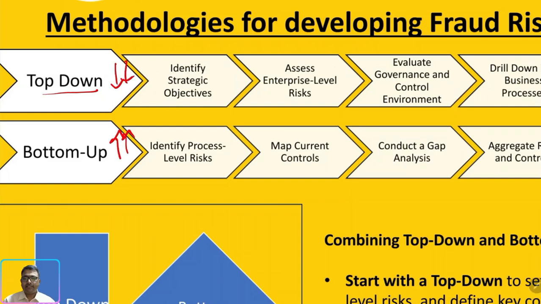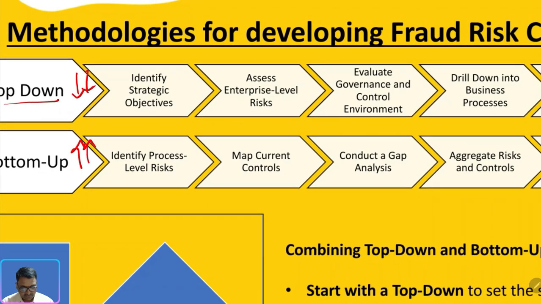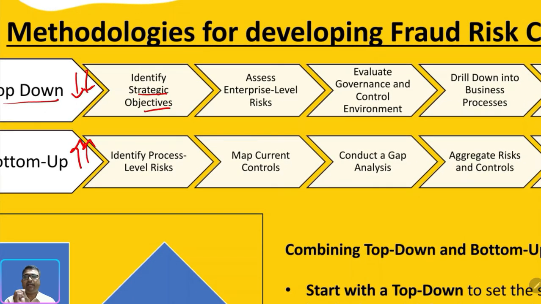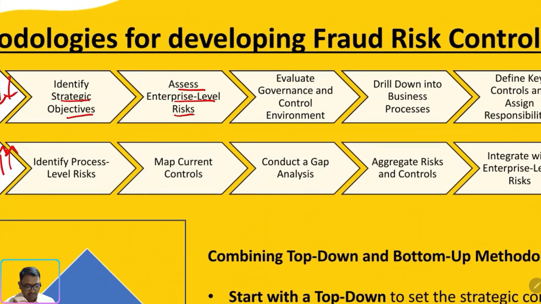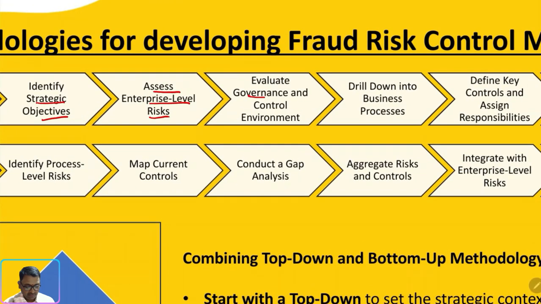As the name suggests, top-down would start with strategic objectives. It is like, why is it that FRM is to be implemented? Are there any key strategic risks that need to be identified and addressed? And then assess the risk at the enterprise level and then evaluate governance and control.